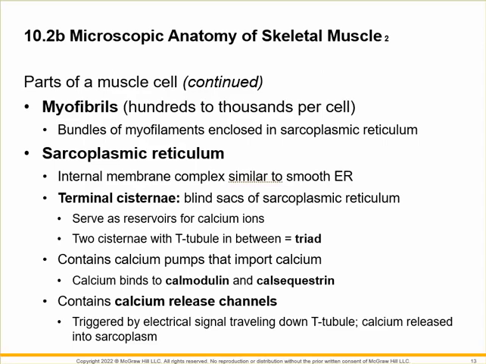And they have calcium release channels that release calcium when they are signaled to do so. So basically, they are places to sequester calcium when we need the calcium out of the cytoplasm, and release it when we want calcium in the cytoplasm.